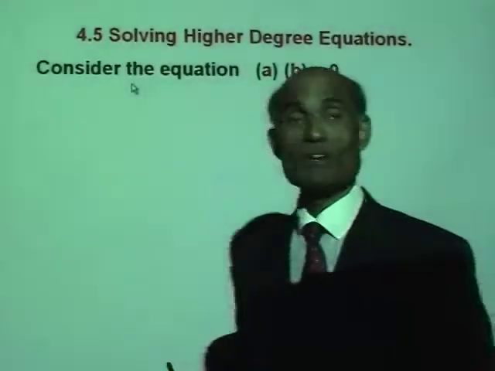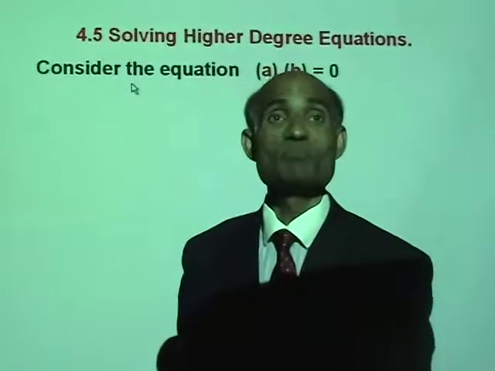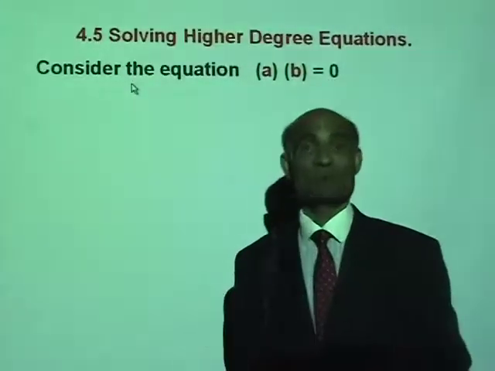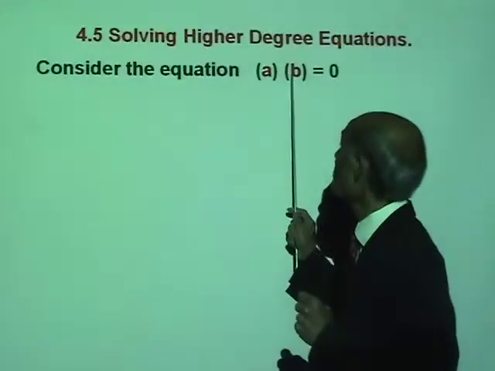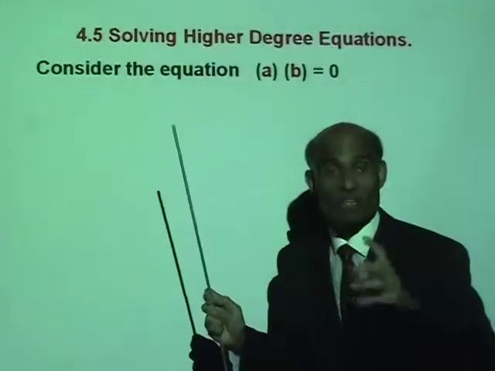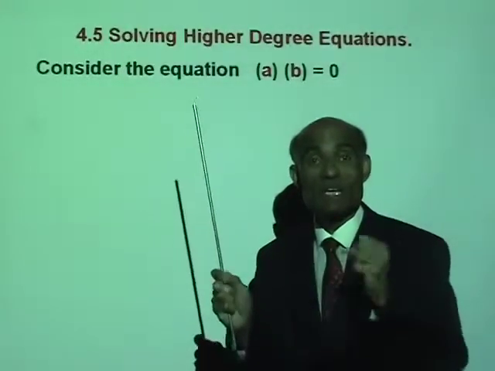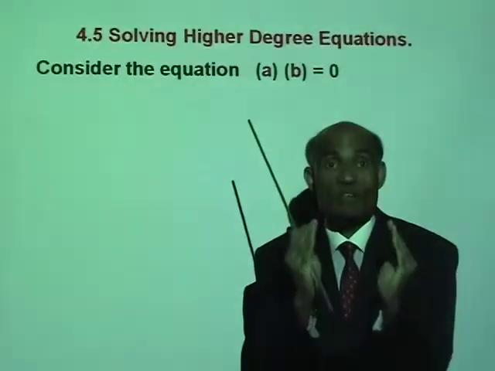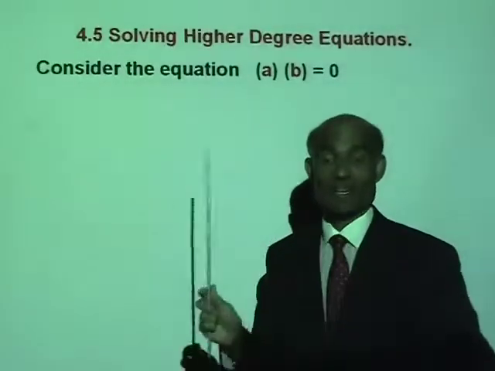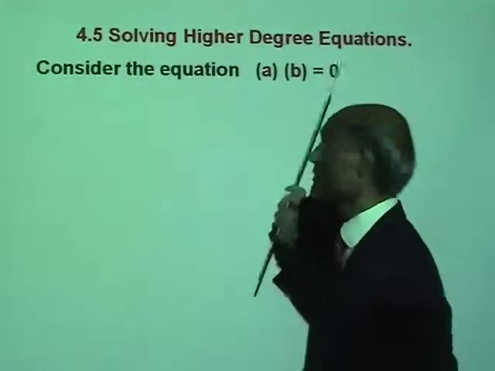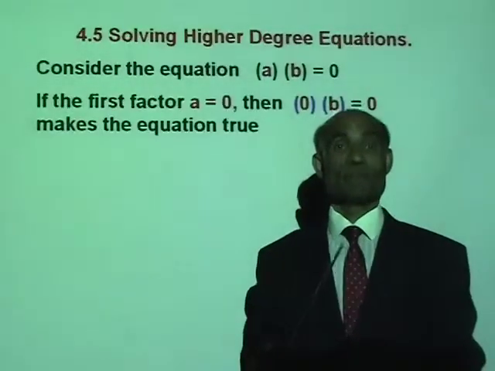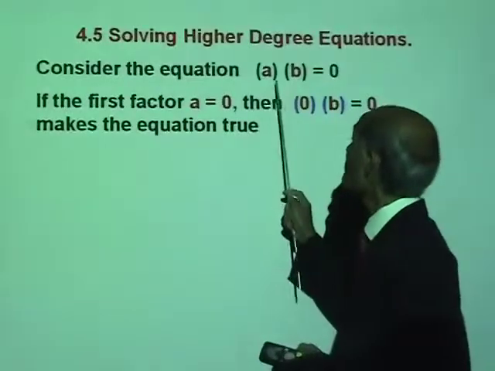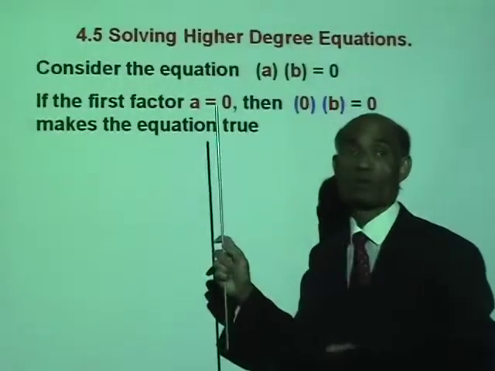Consider the equation a times b equal to 0. Well, a is one factor, b is another factor. A times b stands for the product of two factors. Now, the product of two factors is given to be equal to 0. Now, when will this become 0?